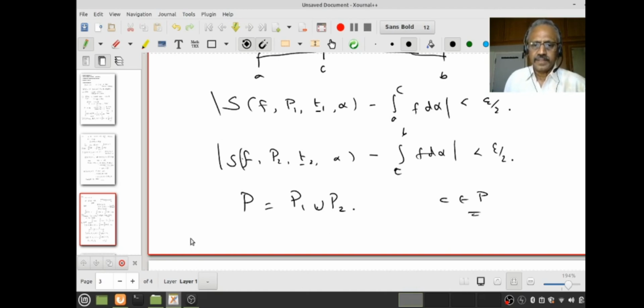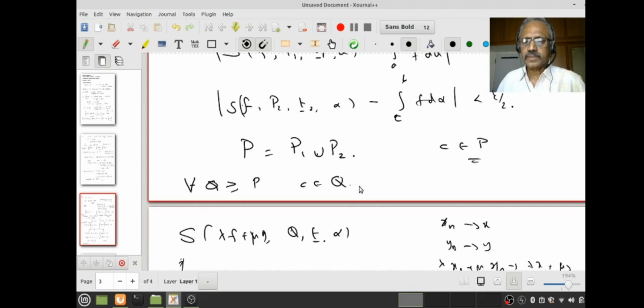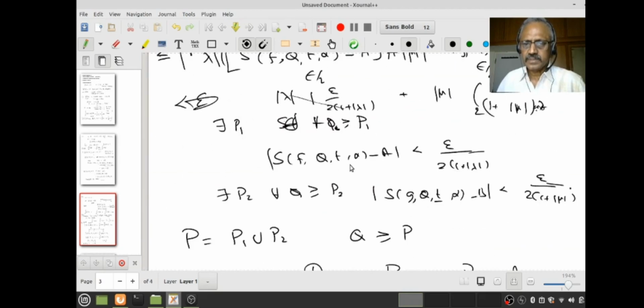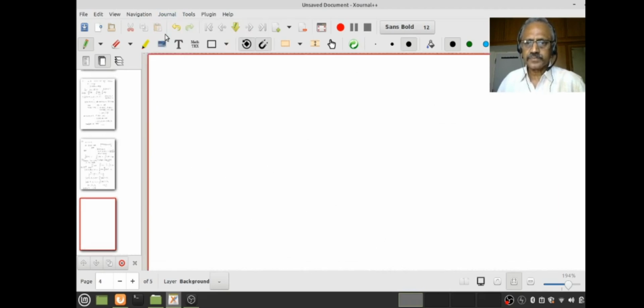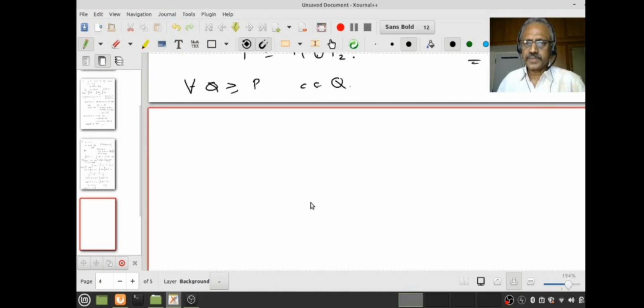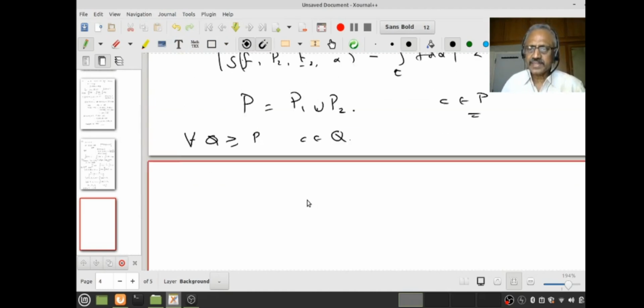Therefore, if I take any partition Q which is finer than P, C will also be a point of Q. Instead of coming to the new page, I've written over something, so it's very bad. What to do? Oh, here it is. Okay, good.